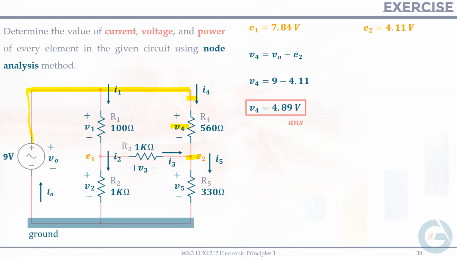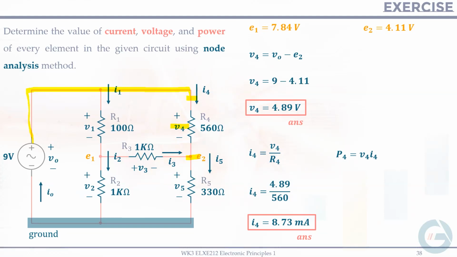And current, okay, another Ohm's law, so V4 over R4, so 4.89 divided by 560, and that will give us 8.73 milliampere. So for power 4, of course, the same formula. So voltage is 4.89 times 8.73 milliampere, and that will give us 42.69 milliwatt.